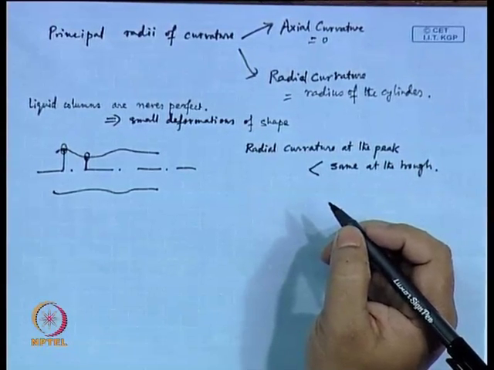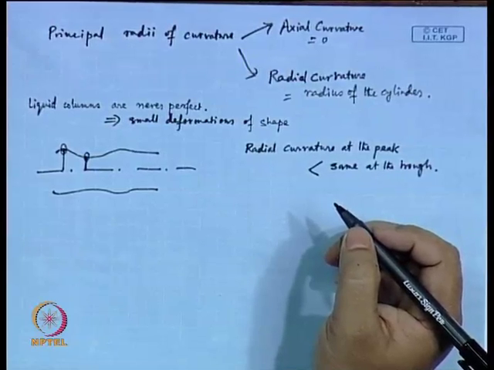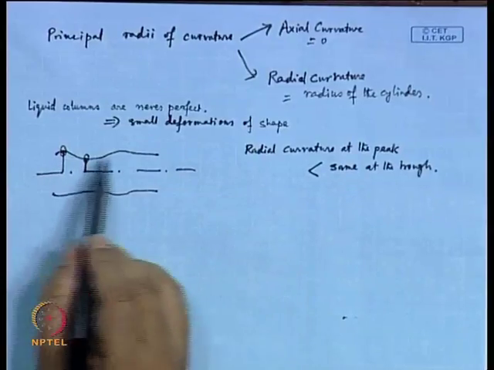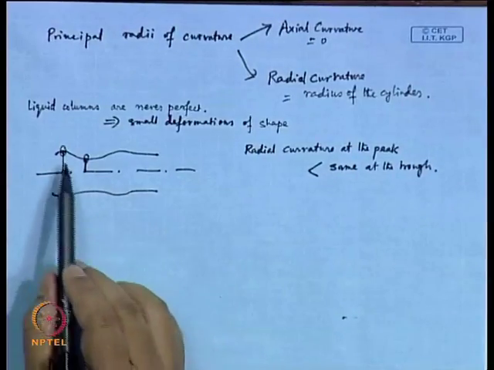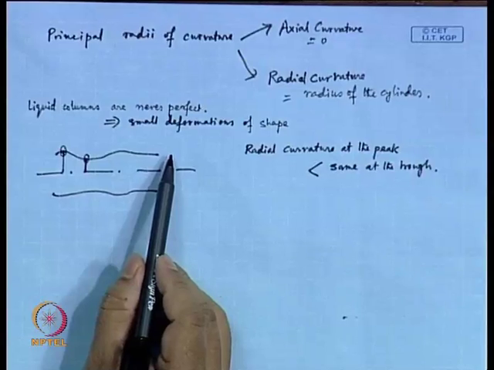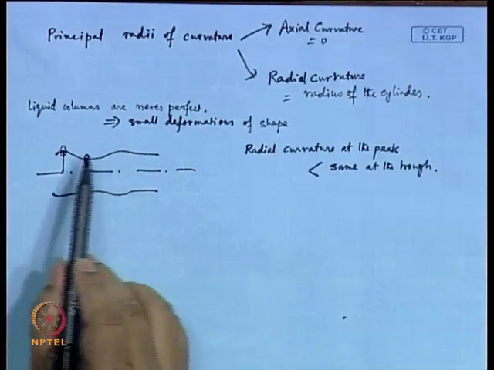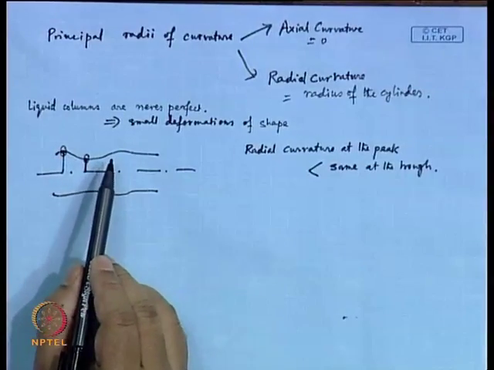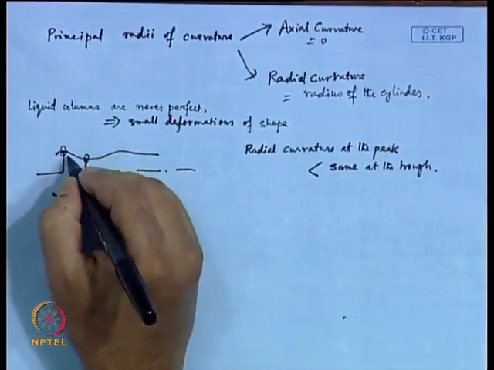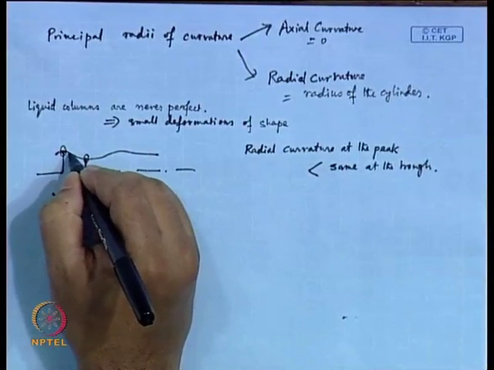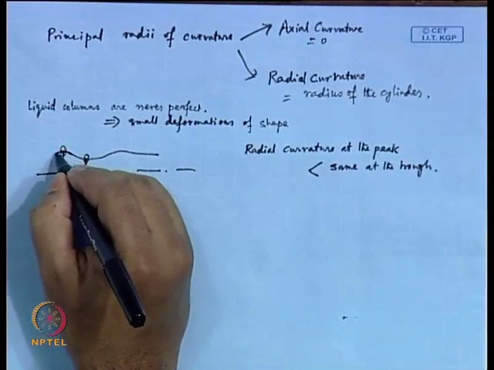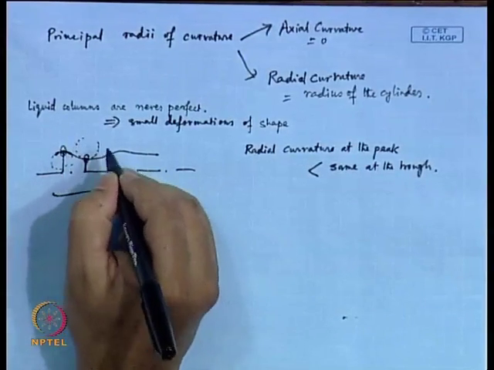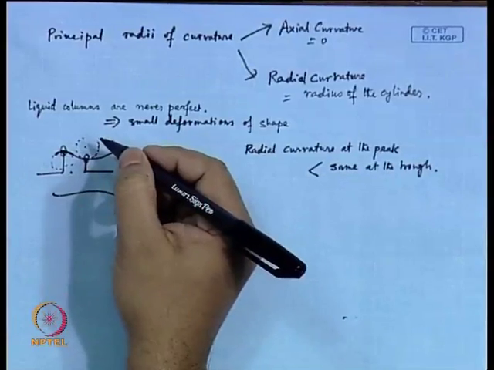And there would be an axial curvature generated because of this modulation. Earlier, when you had a cylinder, there was no axial curvature, it was all straight, so you considered the axial curvature to be 0, with the radius of curvature being infinity. But now, since there is an undulation, there would be an axial curvature present. To find it, you need to draw a circle and find the tangent. The center of the circle would be outside the cylinder.